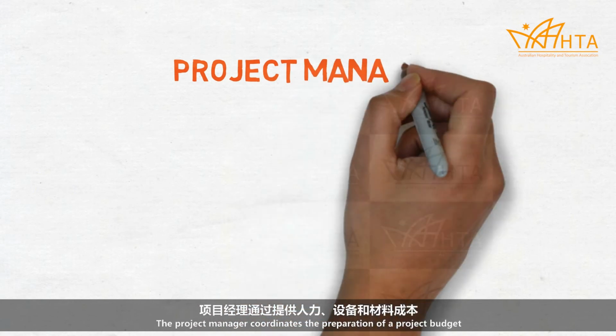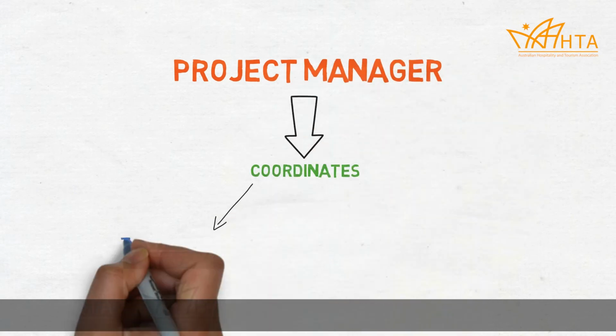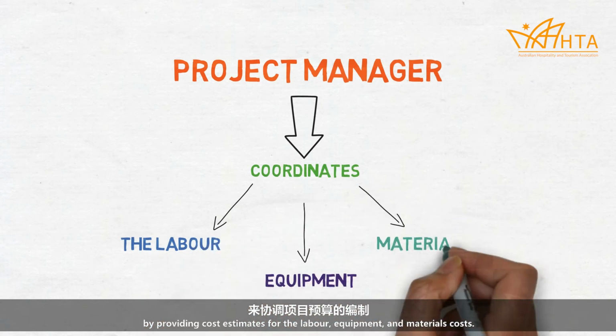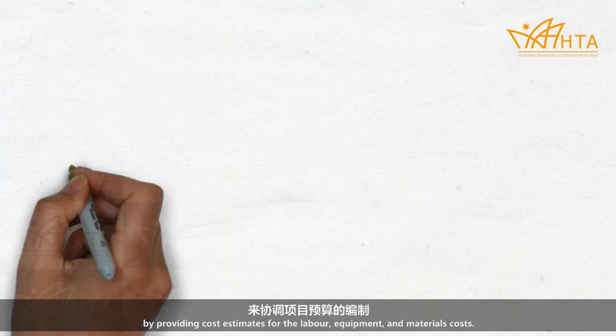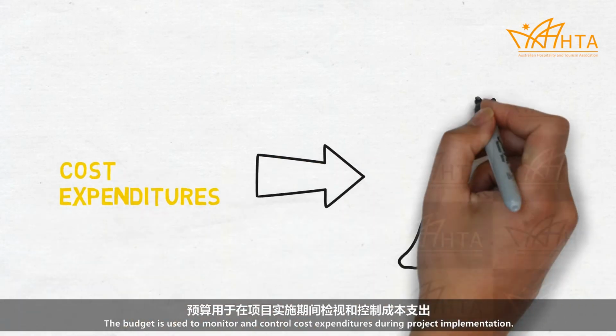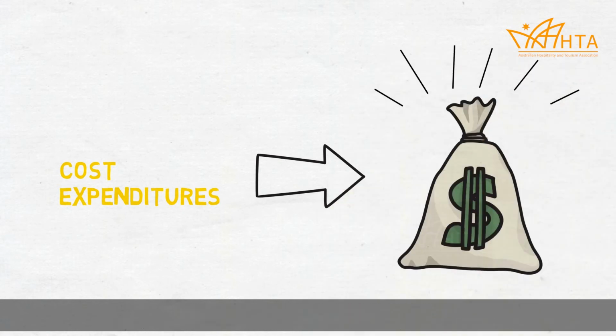The project manager coordinates the preparation of a project budget by providing cost estimates for the labor, equipment, and material costs. The budget is used to monitor and control cost expenditures during project implementation.